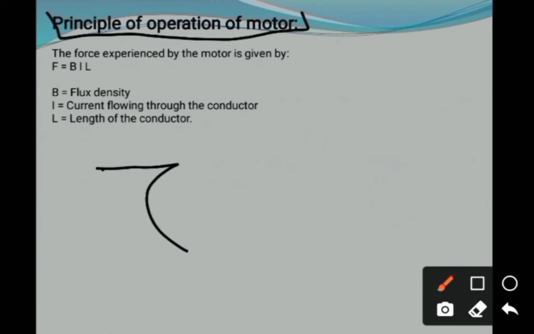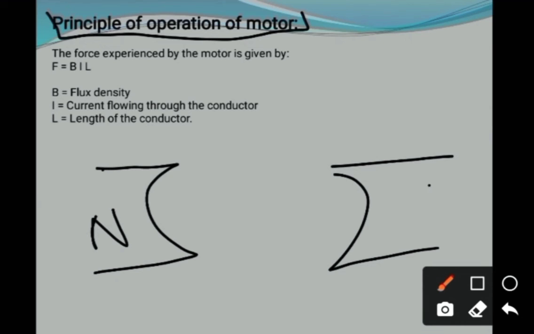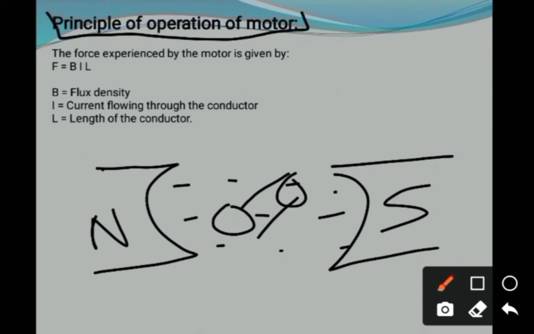So firstly we consider a magnet. These two magnets produce the magnetic field. Consider one conductor. It is connected across a DC supply.